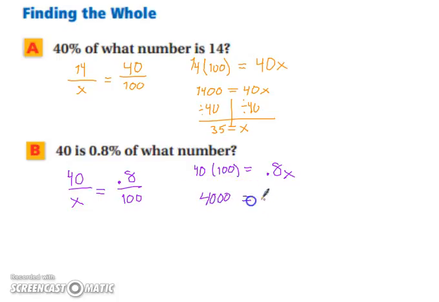So we have 4,000 equals 8/10 times x. And we want to divide both sides by our 8/10. And when we take 4,000 and divide it by 0.8, we end up with 5,000 equaling x. So your of, or your whole, is 5,000.